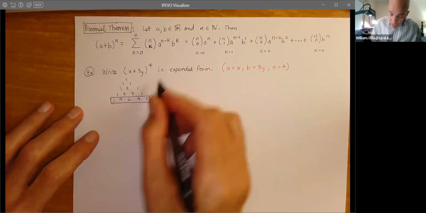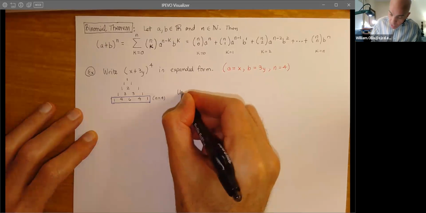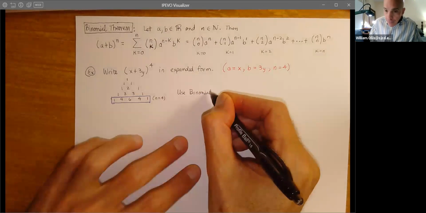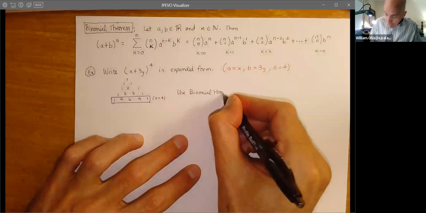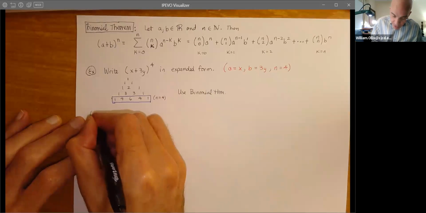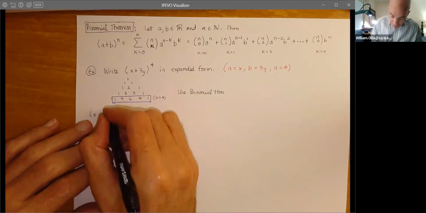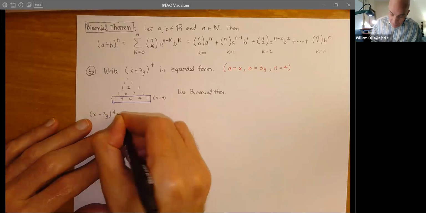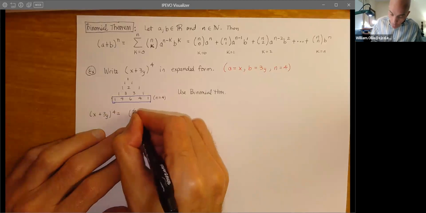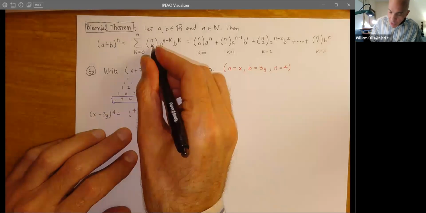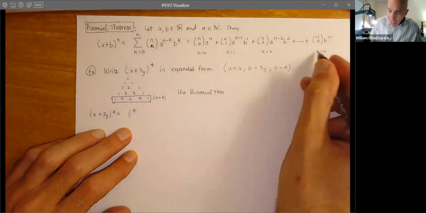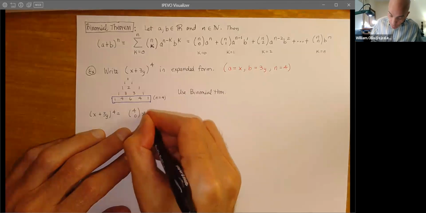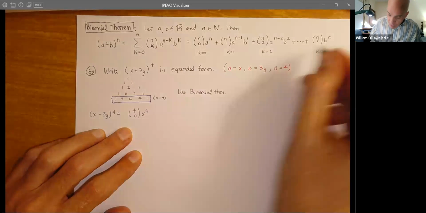So by the binomial theorem, and this will be x plus 3y to the 4. So we'll write it out. You can write out the sum or just go ahead and expand it. 4 choose 0, x to the 4th. Just follow this.